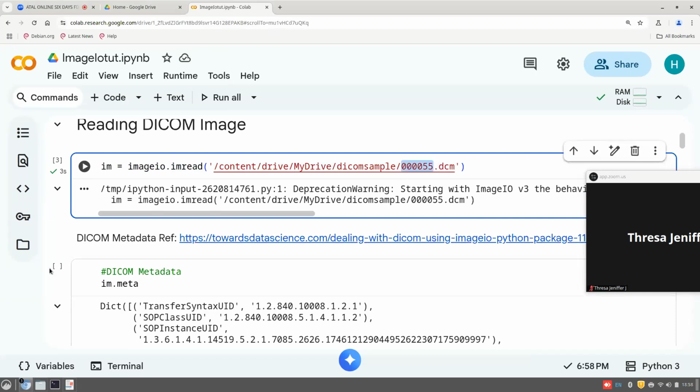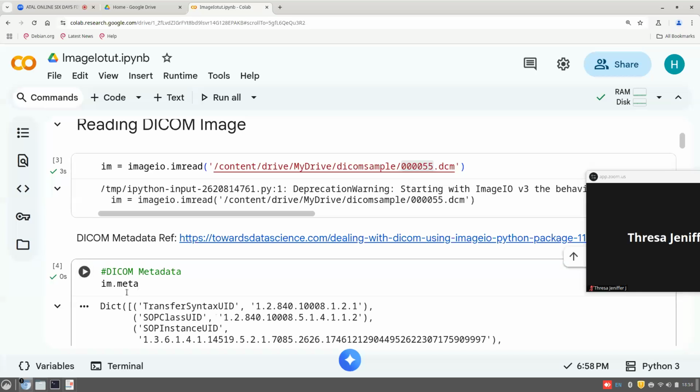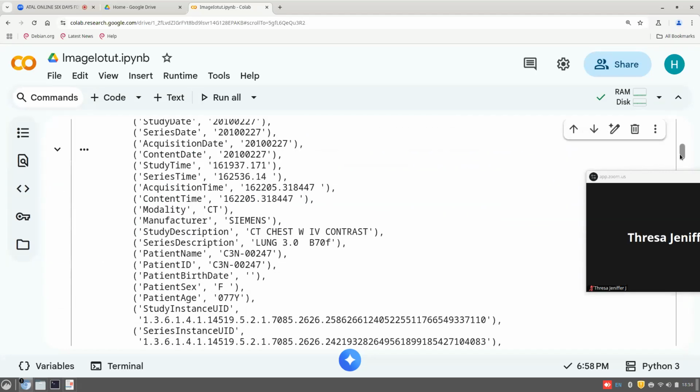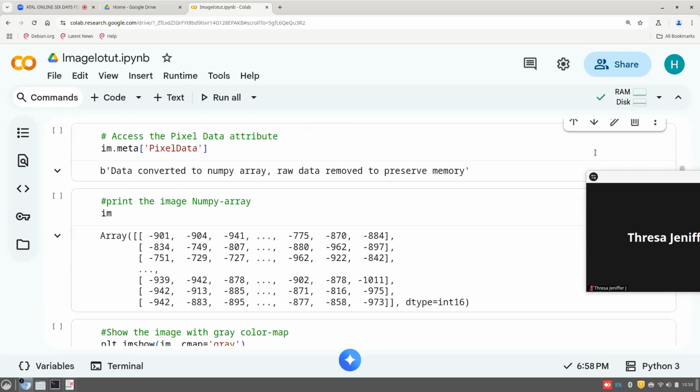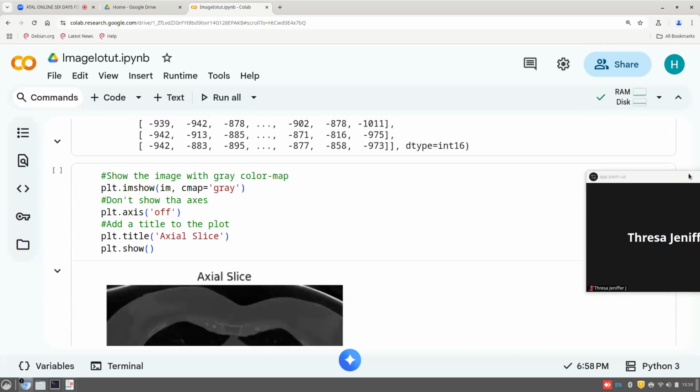You can see that im.meta will have the metadata associated with the DICOM file, such as study resolution, CT modality, and manufacturer Siemens. The pixel data variable will have the matrix representing the image of the CT scan.